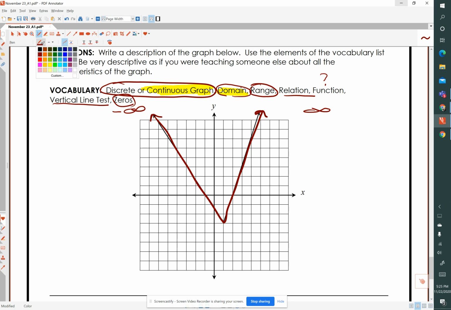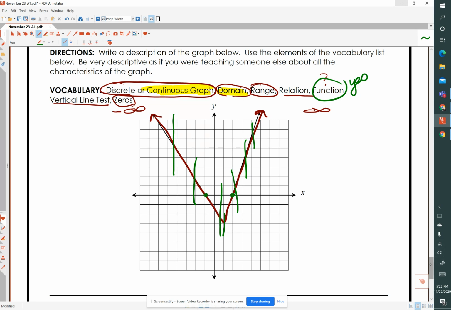Now, does this function pass the vertical line test? At any place where I put a line through this graph, even at that apex there, it does pass the vertical line test. So this is a function, and the zeros of the graph are -1 and 2.